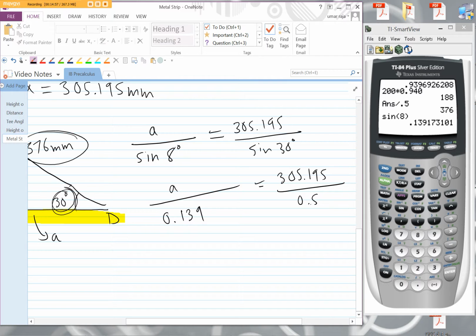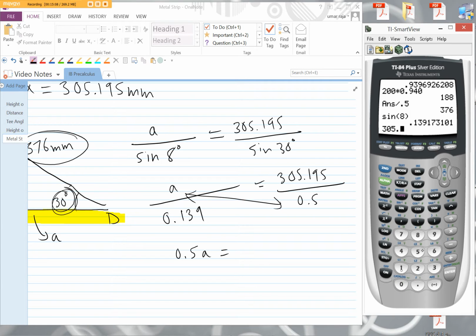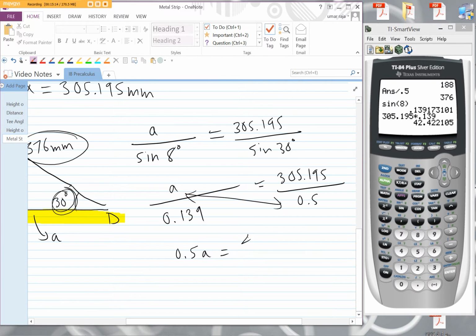Now at this point you have this proportion, we're going to need to cross multiply, so we're going to take the A and multiply that with the 0.5, and that's going to give us 0.5A, which is equal to 305.195 times 0.139. Press the enter key and you get 42.422.